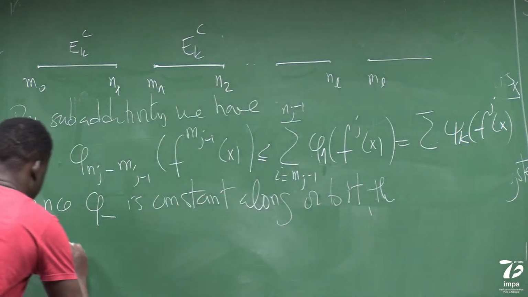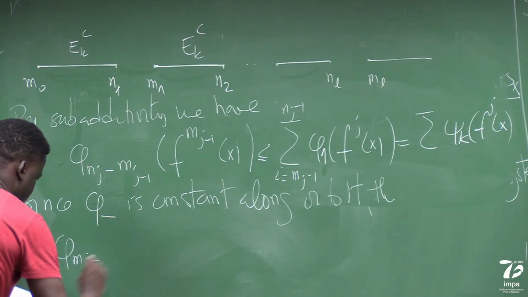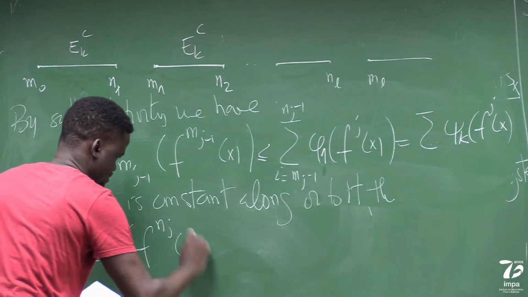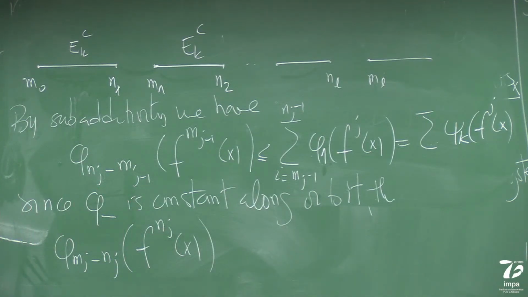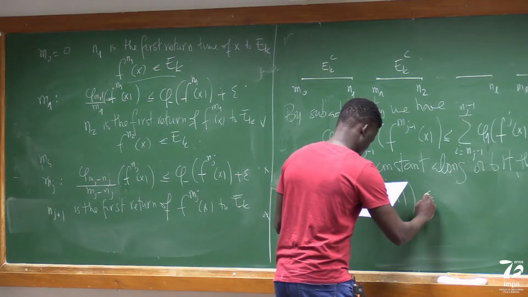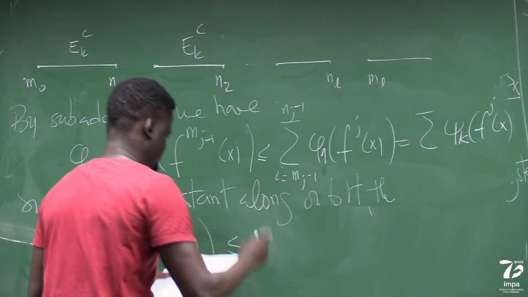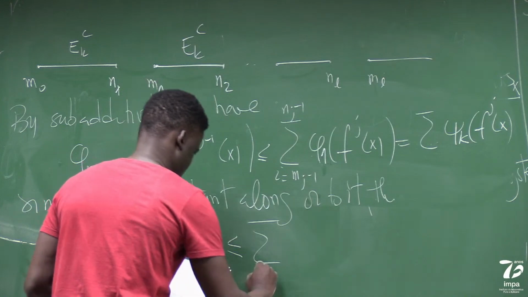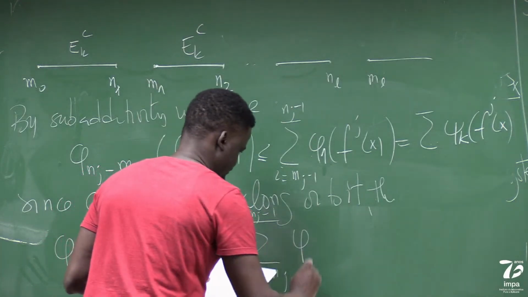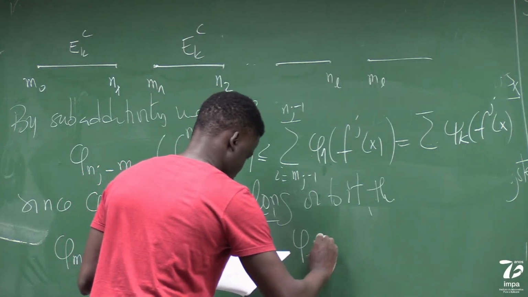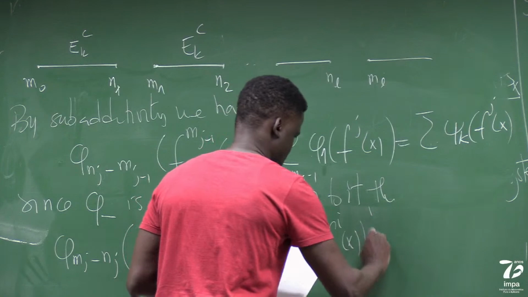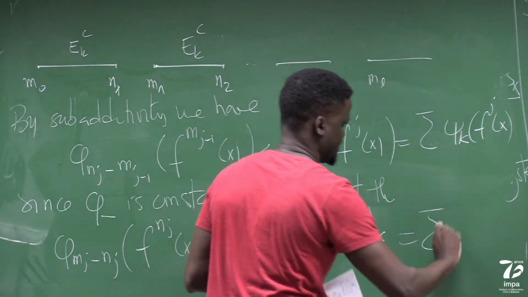Then we have phi_{mj minus nj} at F^nj x. This type of estimate is when you are on E_k, is less or equal to: first you use sub-additivity and you do this sum from i equals nj to mj minus 1 of phi minus at F^i x plus epsilon, and this is again the same.